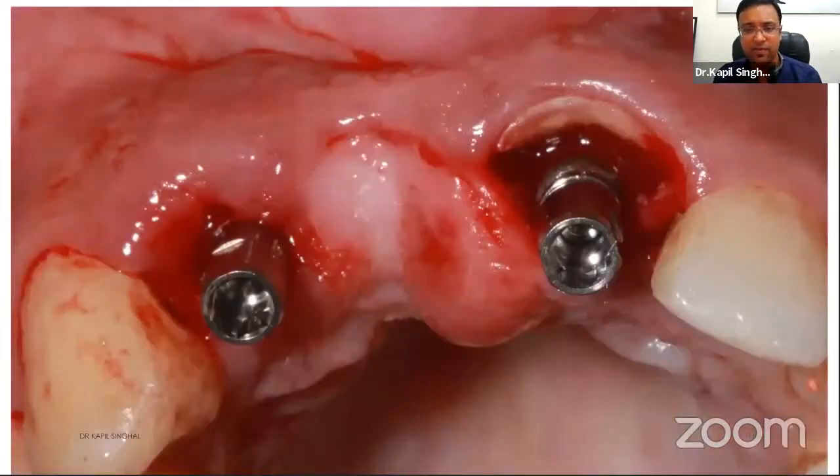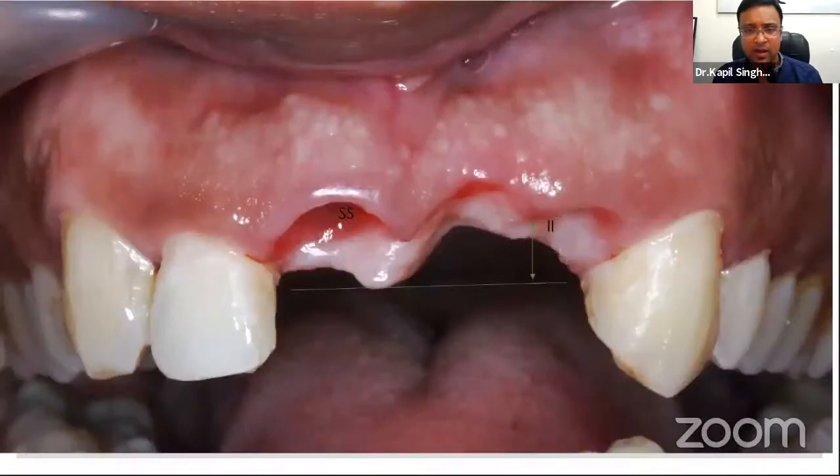So just see the difference of the papilla. See, on the socket shield side, the height of the interdental papilla is quite higher, around 3 to 4 mm higher, as compared to the other side where we just did the immediate implant.